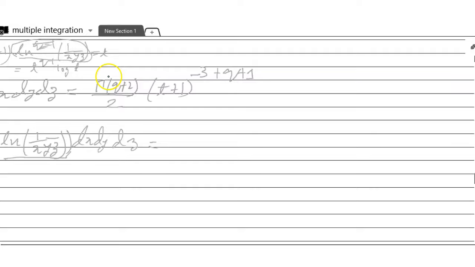if I differentiate this, I get gamma dash q plus t into t plus 1 to the power minus 3. Here is some mistake.